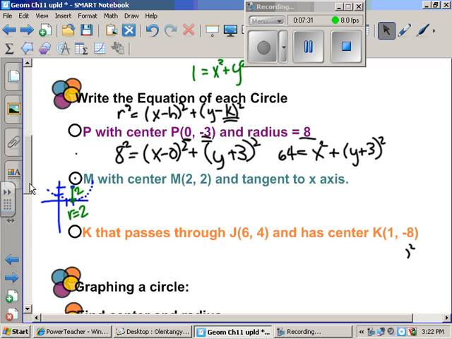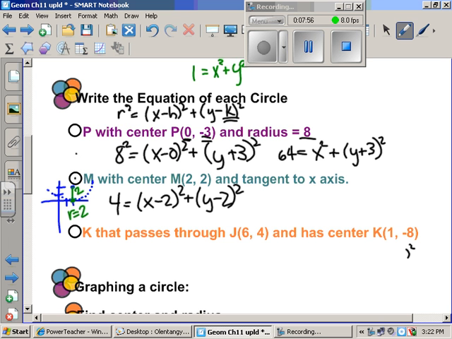Then all I have to do is plug it into my formula. r squared is equal to (x minus h) squared plus (y minus k) squared. The only thing I can do to clean it up is change the 2 squared to 4, and everything else is as clean as it's going to get.